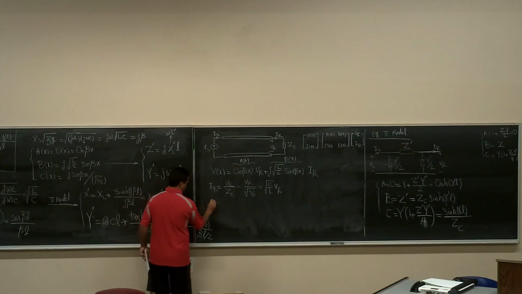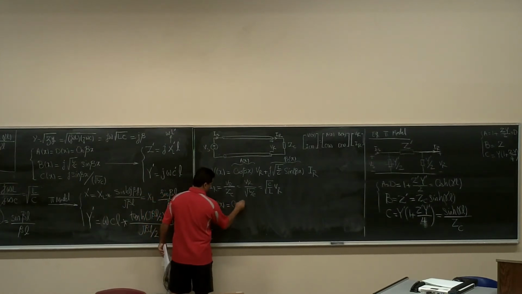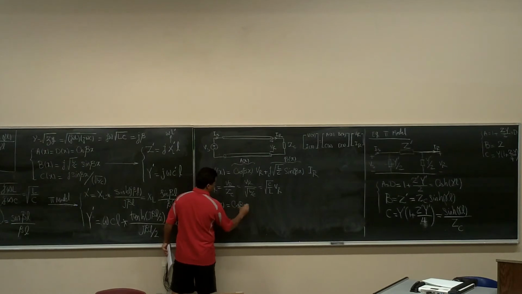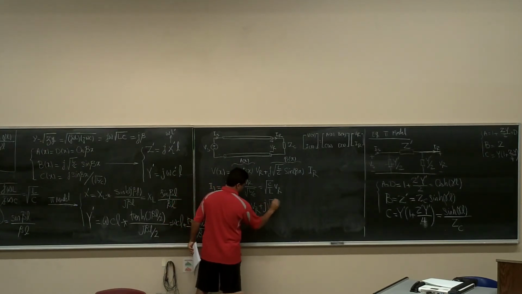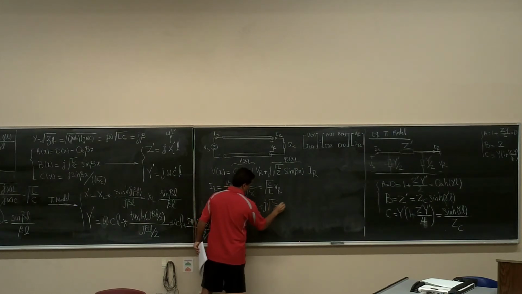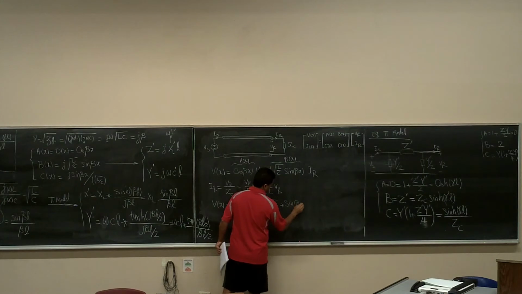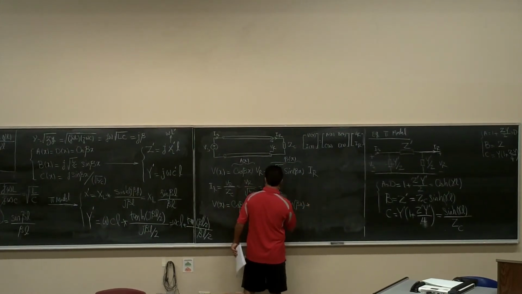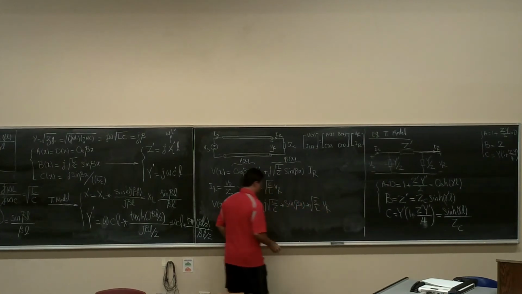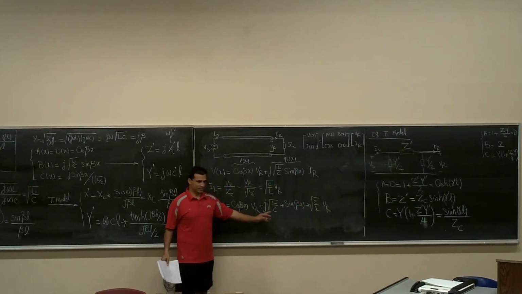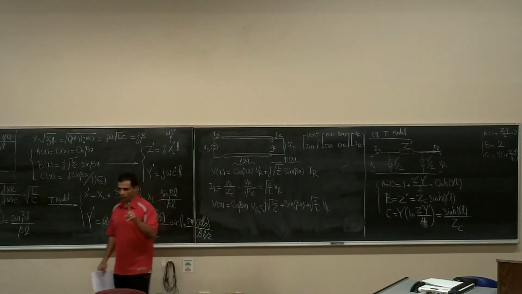So Vx is going to be cosine beta x times VR plus j times square root of L over C times sine beta x times IR, and I'm going to replace IR here with square root of C over L times VR. Square root of L over C times square root of C over L is going to be what? 1, right?